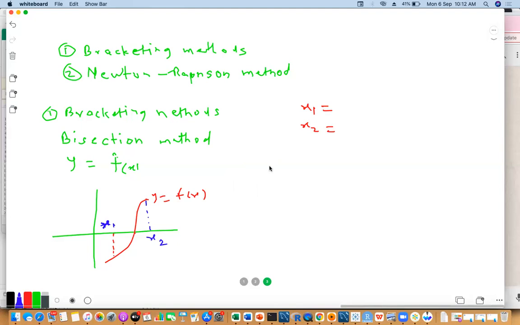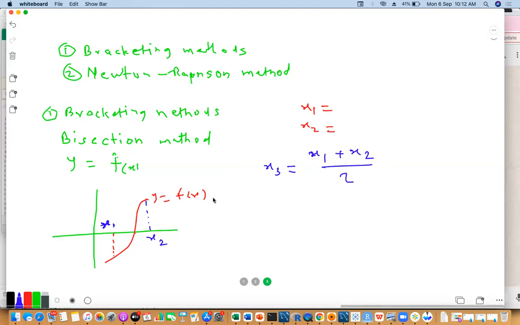Let us say x3 is the mean of these two values. So what will be the mean? x1 plus x2 divided by 2. So what we are saying is that the root of the equation is the mean of these initial guesses.